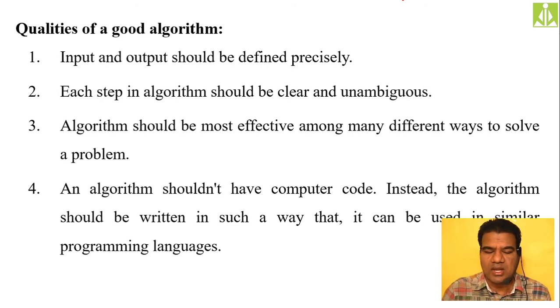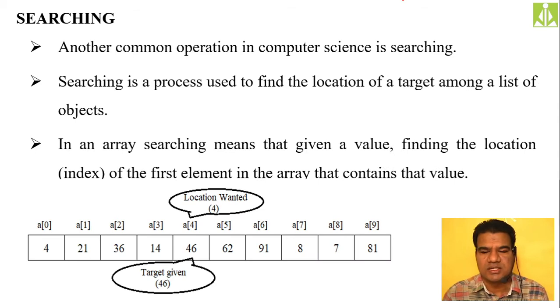So quickly, after knowing the algorithm definition and the qualities of an algorithm, we have to discuss two different things over here. One is searching and the other one is sorting. First we go with the searching concept, and after completion of searching, we'll go to sorting. So what do you mean by searching?